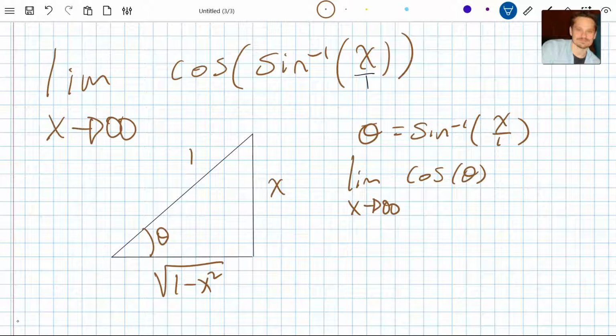But then, look at my shape here. This side is the adjacent side, so I can simply take that and divide it by the 1, because that's the definition of the cosine. So I will have the limit as x approaches positive infinity, and cosine can be replaced with the square root of 1 minus x squared.